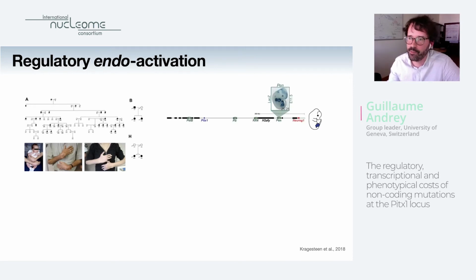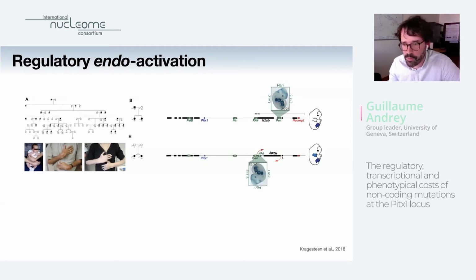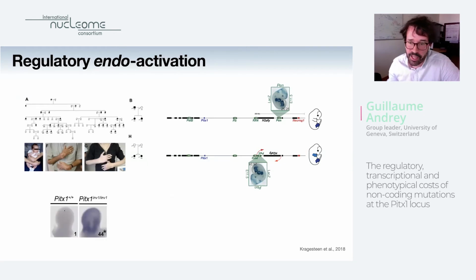What happens in these patients is that the Pen enhancer that we were just talking about is inverted and comes into closer proximity to Pitx1. When that happens, Pitx1 gets activated ectopically in the forelimb of the mouse, but probably also of the embryonic human that has the mutation.